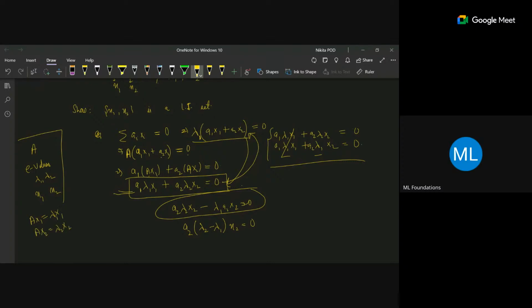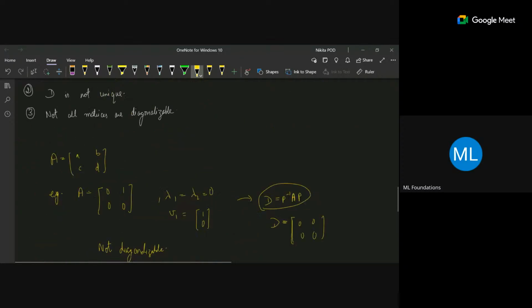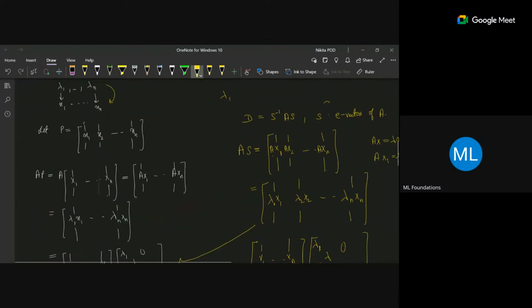This is what I have done over here. Ax1 I am substituting with lambda 1 x1, and Ax2 with lambda 2 x2. The same thing we have done on the top, when we were proving this part.